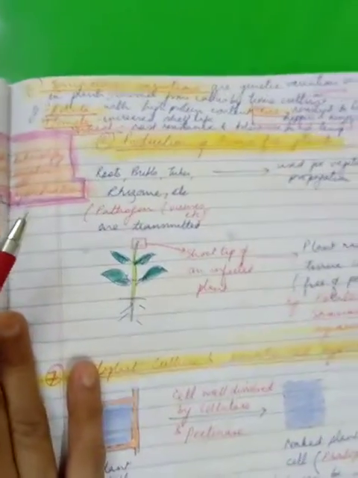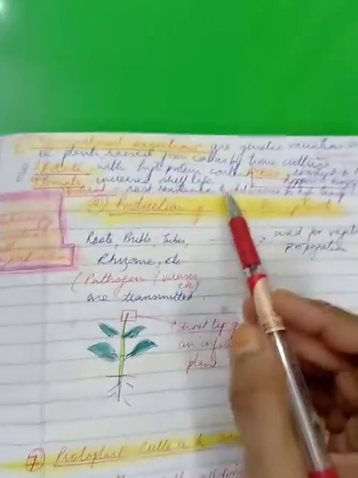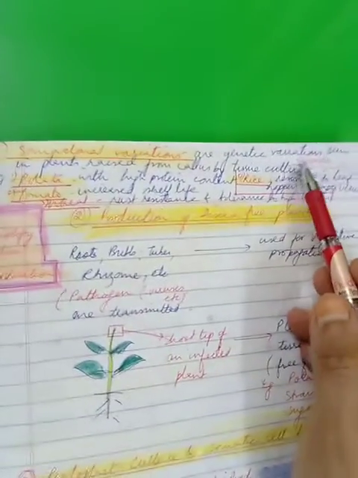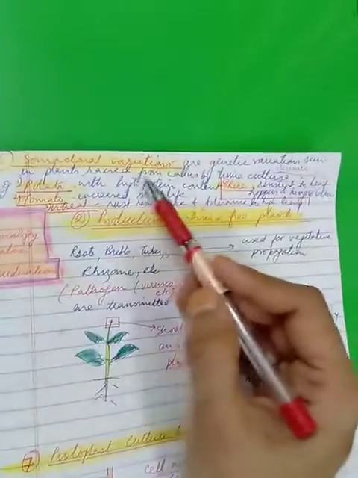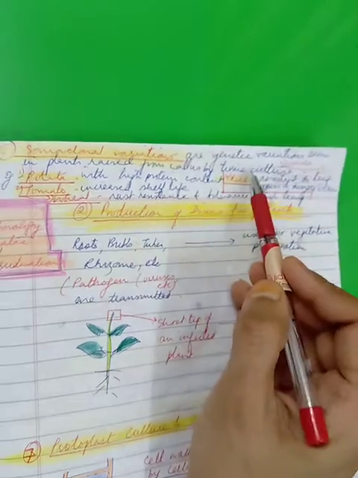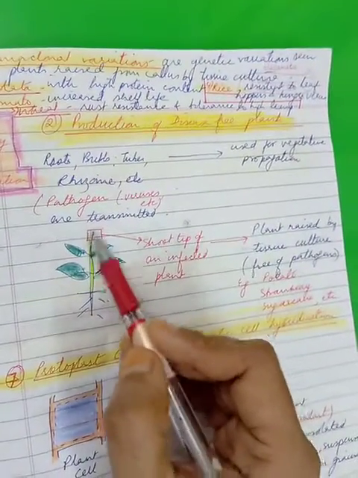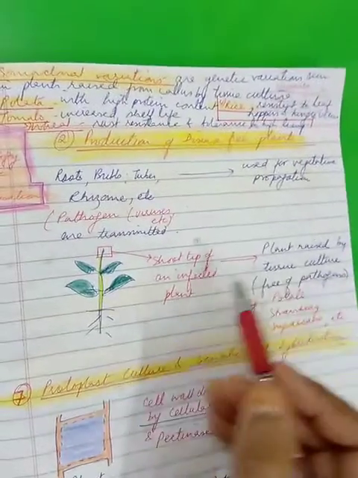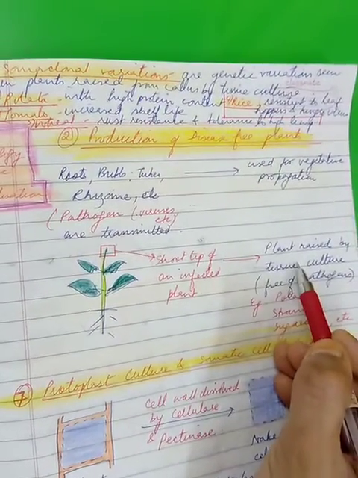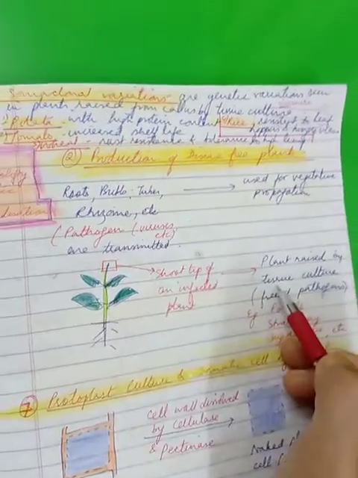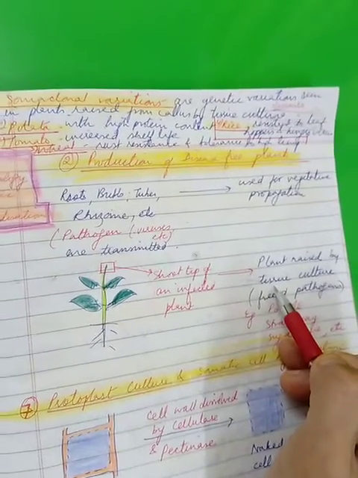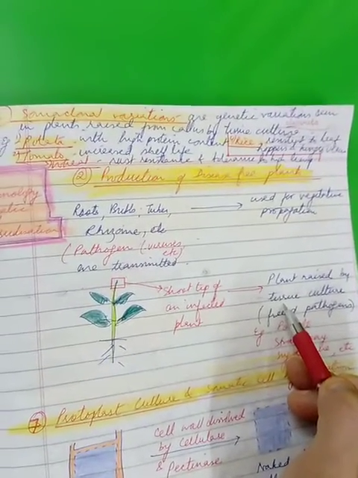Now soma clonal variations, right? These are genetic variations that are seen in plants raised from callus by tissue culture. That means, suppose this is an explant and you're going to use it for tissue culture, then what variation or changes will you see between the parent and the new plant? That will be called soma clonal variation, right?